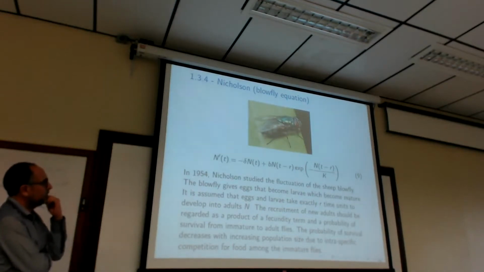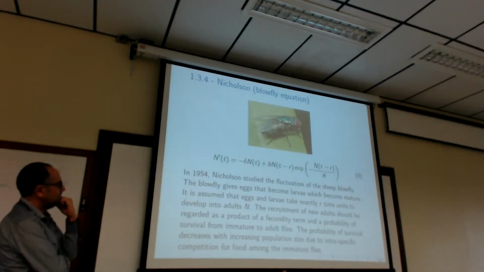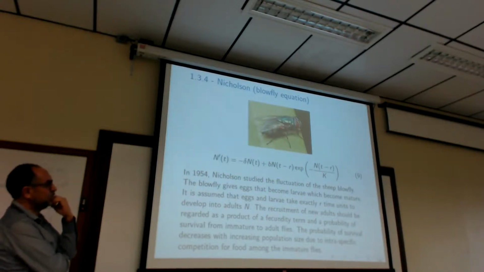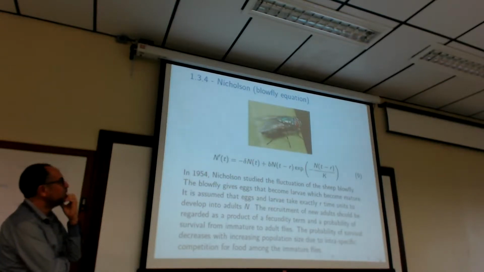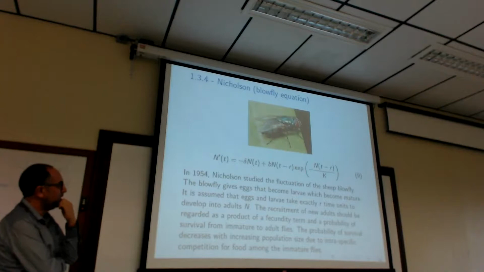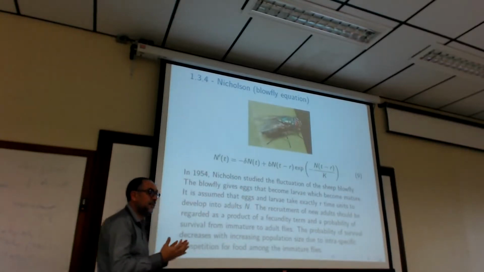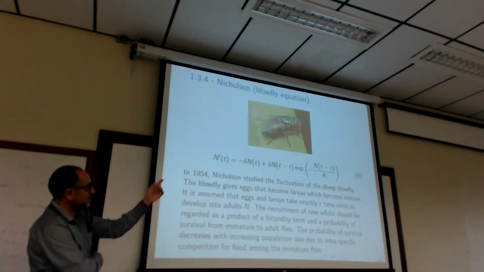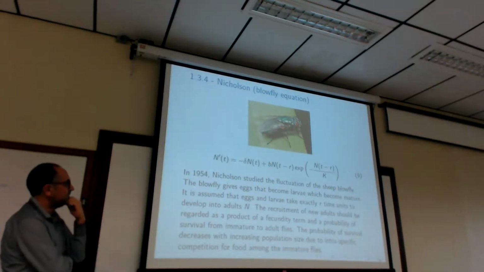Nicholson was studying the fluctuation of the blowfly, and because he tried to use an ordinary differential equation and it didn't work, he had the idea to use a model with delay that explained the fluctuation that he observed. He had data and wanted to fit it, and it was the best equation to fit the data.